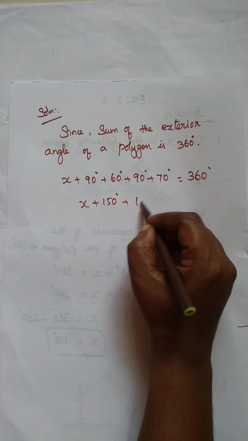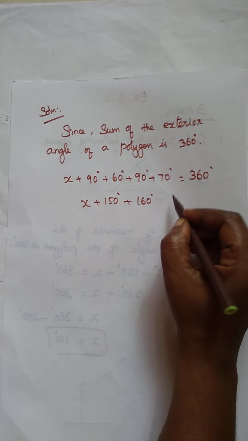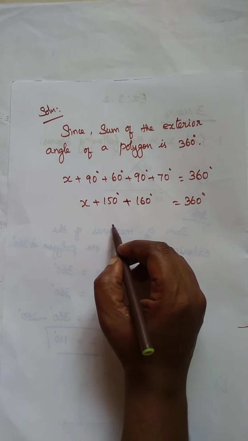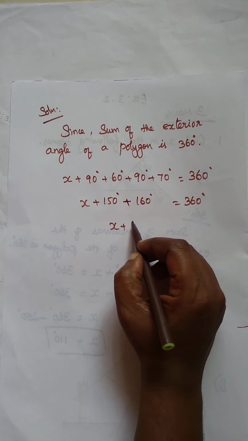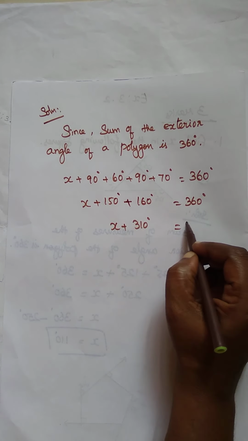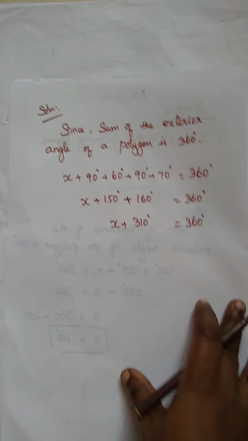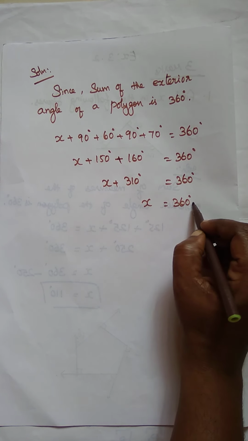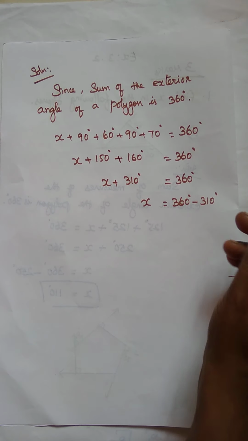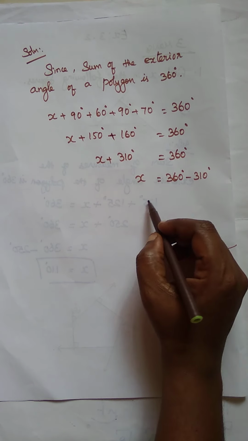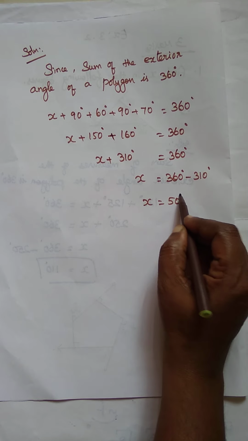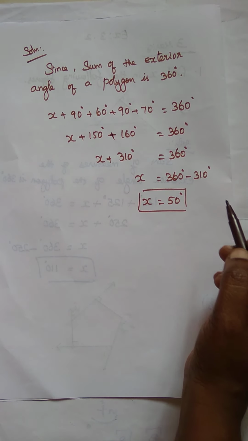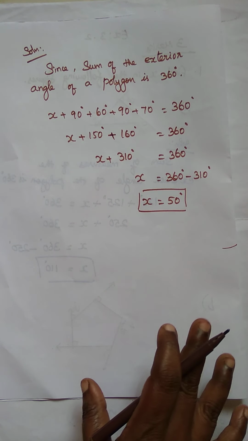Here 160 degree. So this is x plus 310 degree is equal to 360 degree. Now we find x is equal to 360 degree minus 310 degree. So x angle is 50 degree. Okay. So this is the unknown angle value of x.